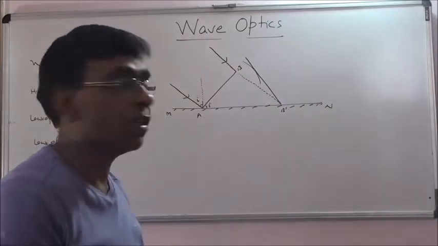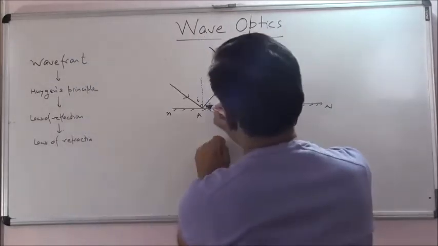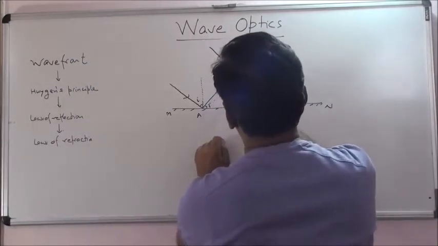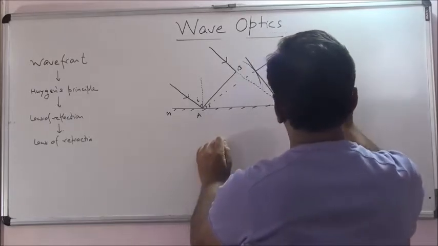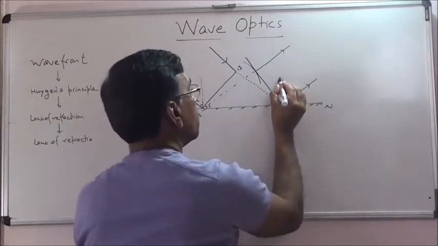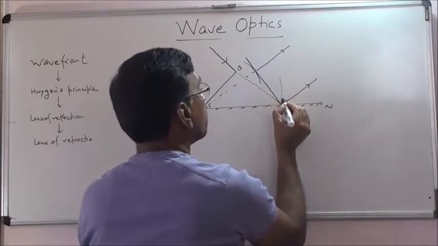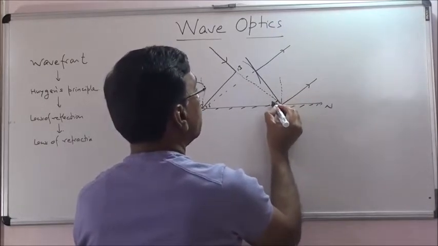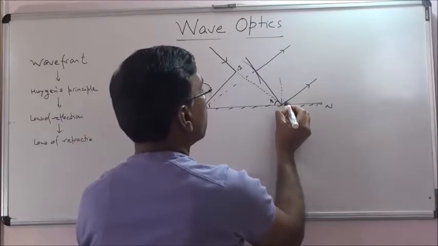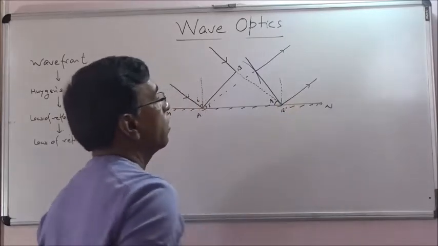Draw the reflected rays now. Again perpendicular to this. So one is this, one I can draw here. So these are the reflected rays. And this will be r. This is r, 90 minus r, and then r.